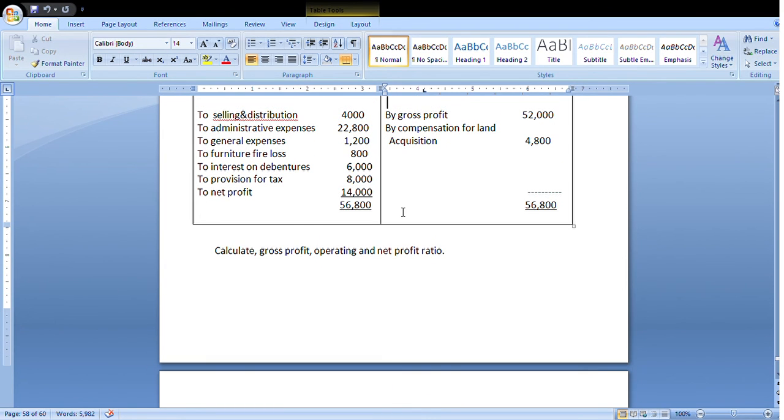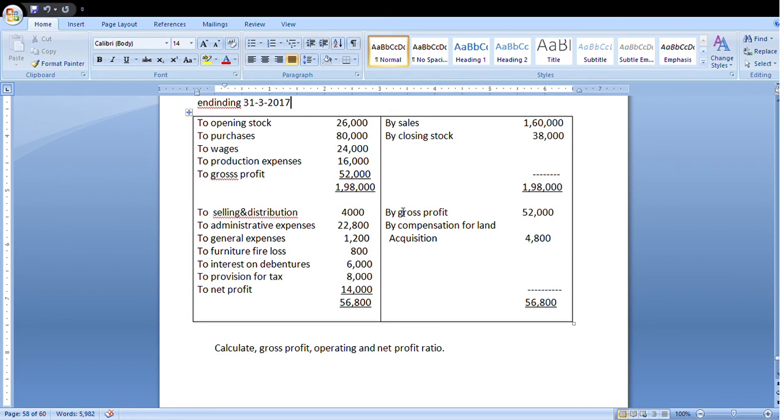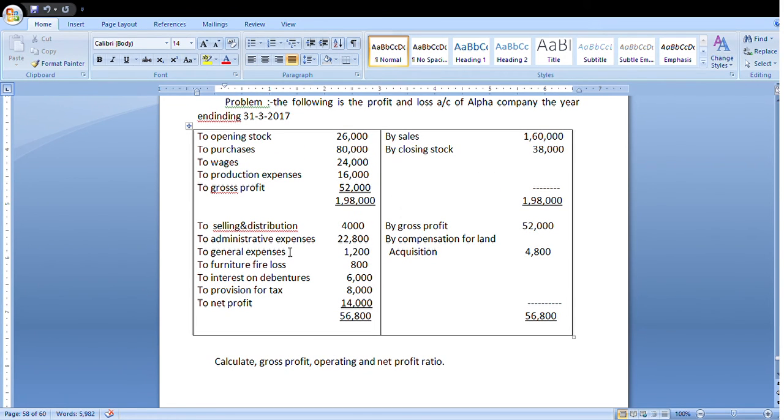Take these and calculate the operating expenses.